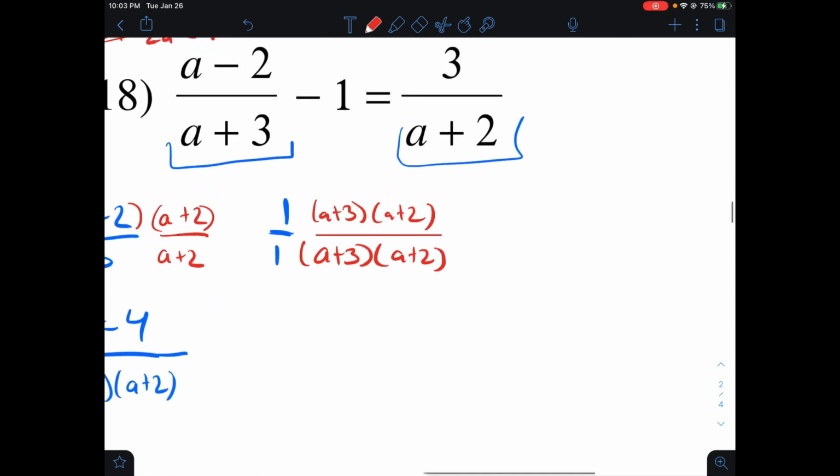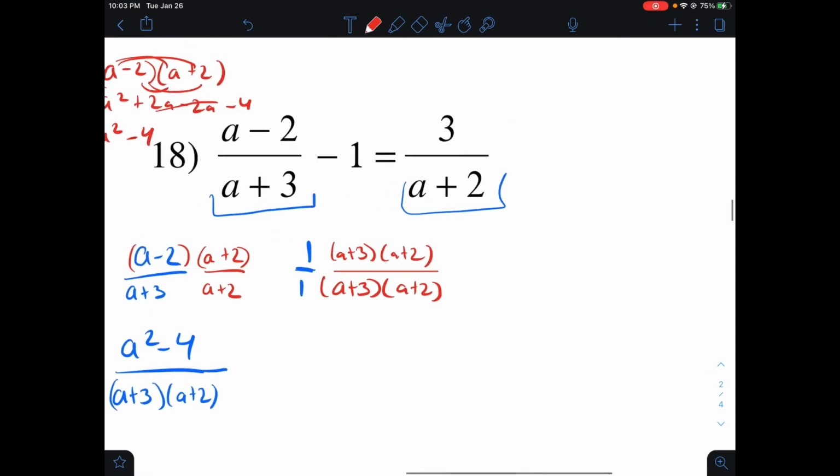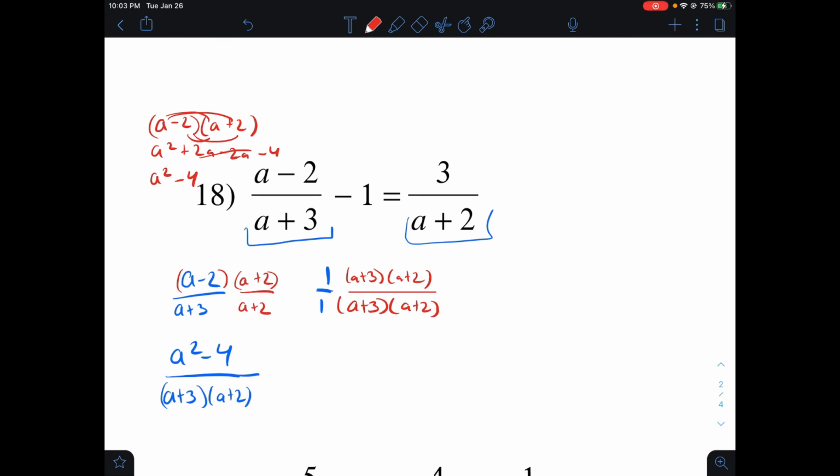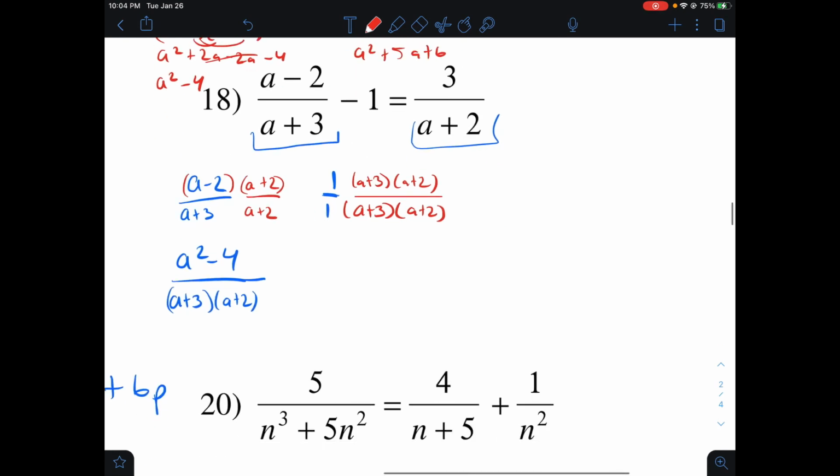Now again, you have to FOIL on top. We'll do the work up here: a plus 3 times a plus 2. We get a squared plus 2a plus 3a plus 6, which gives us a squared plus 5a plus 6.